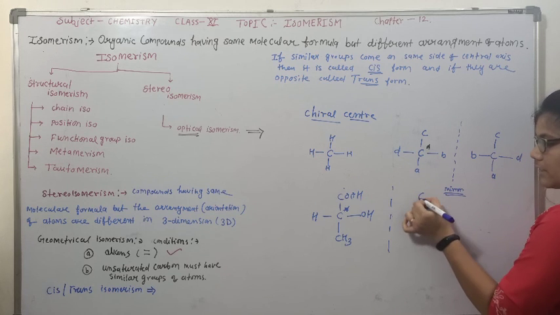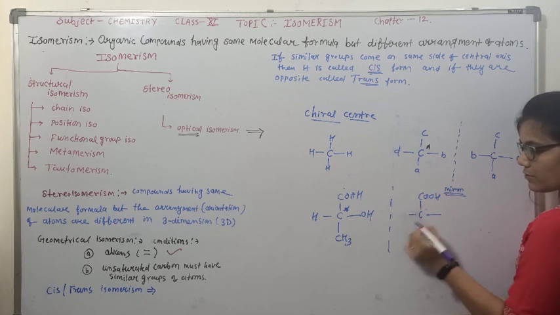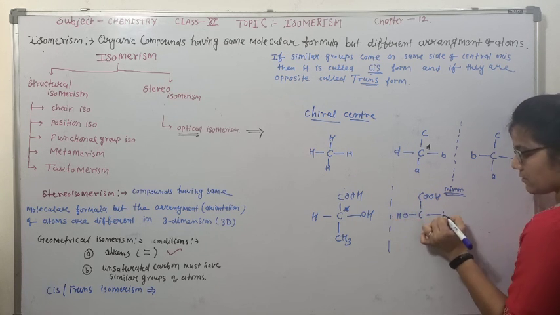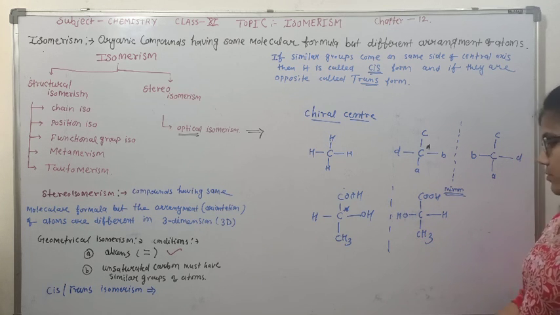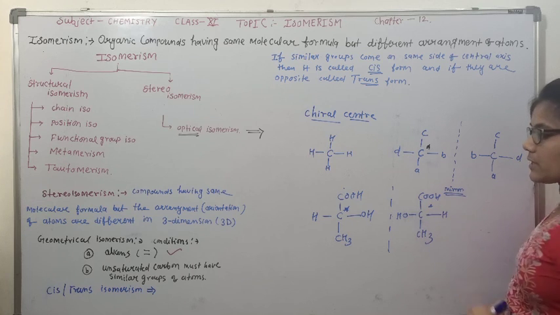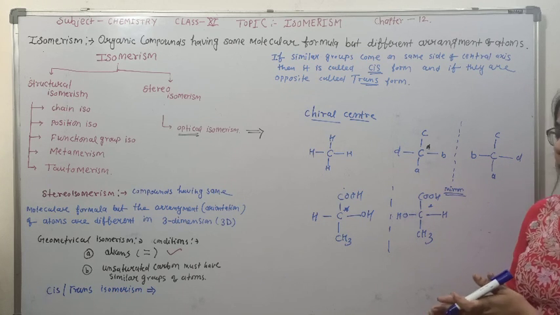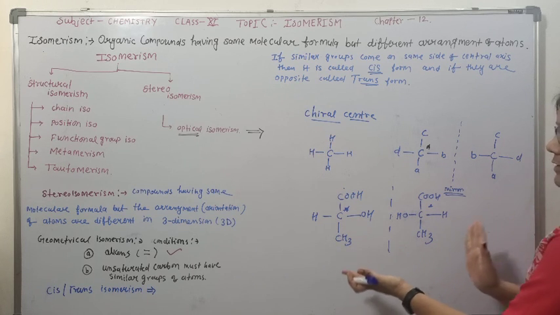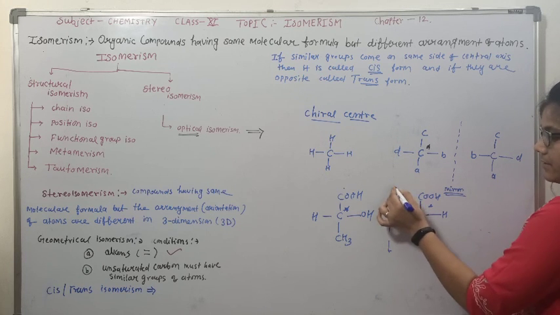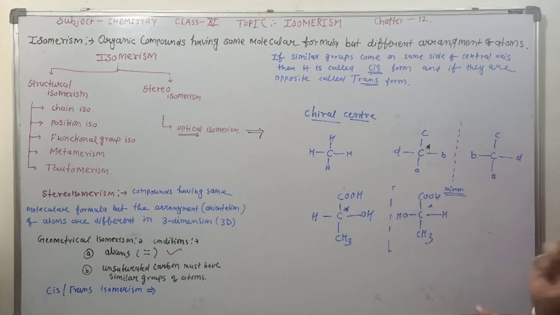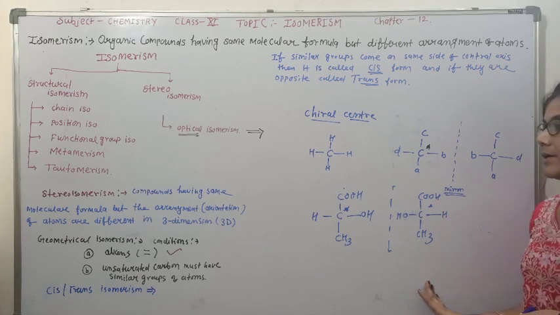so its isomer will be its mirror image, because we are discussing isomerism. So its isomer is its mirror image. Okay, so these are optical isomerism. The compounds have the same molecular formula, but the arrangement of groups in 3D is different.